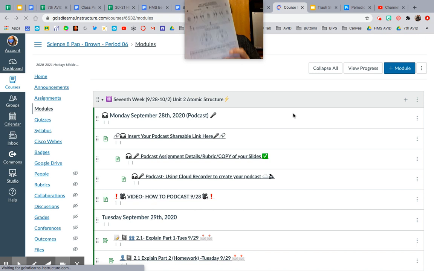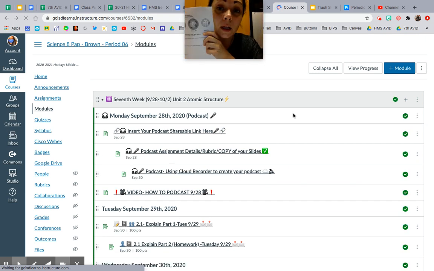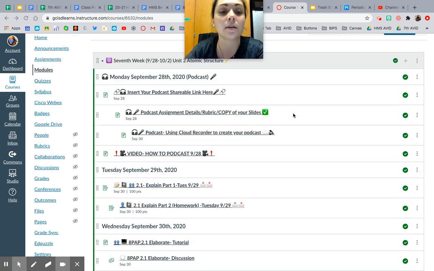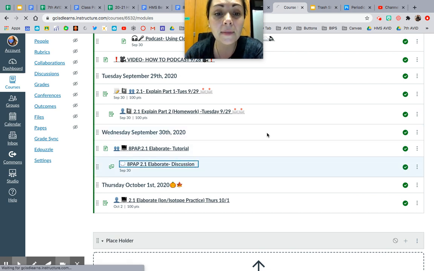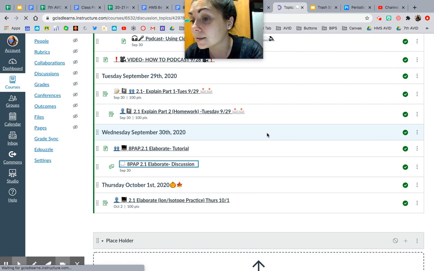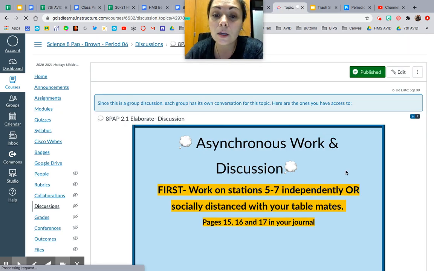Page 16, all about isotopes. And page 17, all about electron arrangement. Remember, 2 in the first shell, 8 in the second shell. So Wednesday, the elaborate tutorial was that video that we just watched, or you will watch on your own. And then this elaborate discussion is stations 5, 6, and 7. So that's what y'all are going to do.